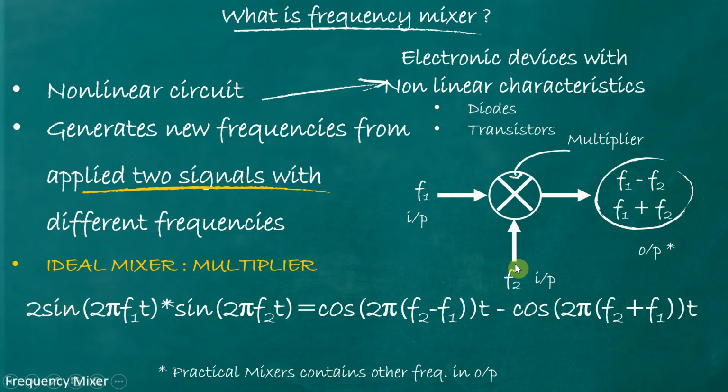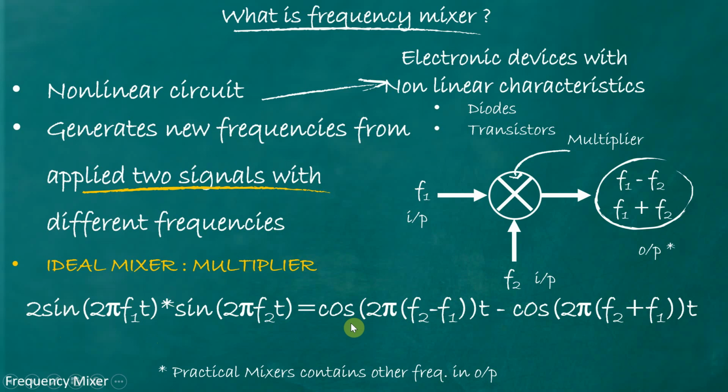These two signals, omega 2 and omega 1, are both different frequency components, right? When we multiply these two, here I have converted omega into f in terms of hertz. So if we multiply two different frequency components, sine into sine, right?